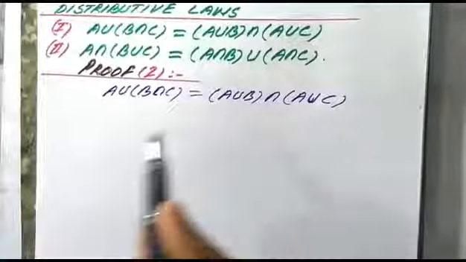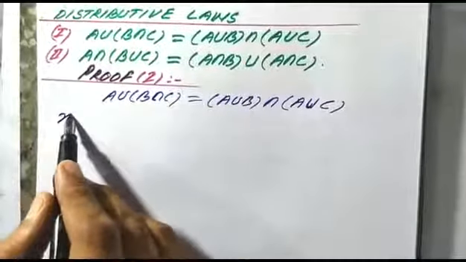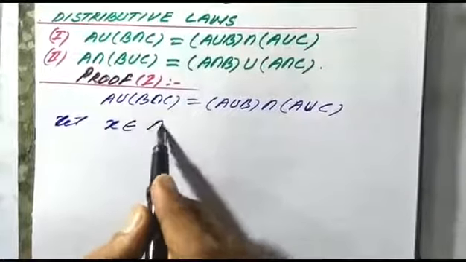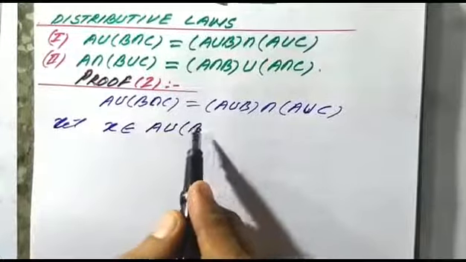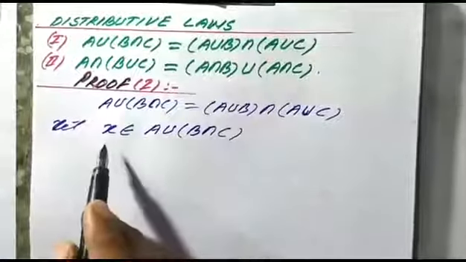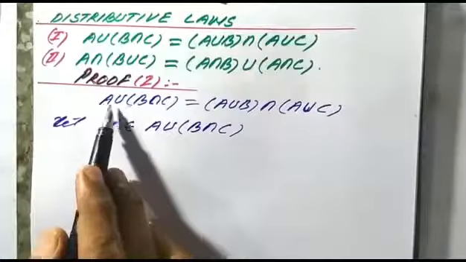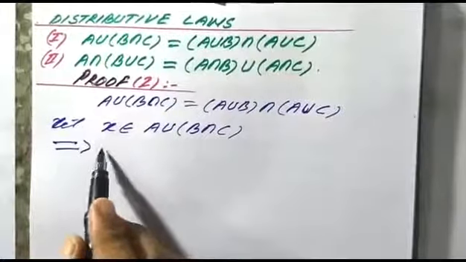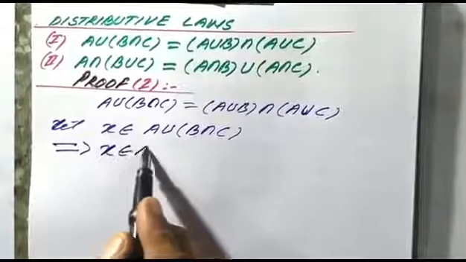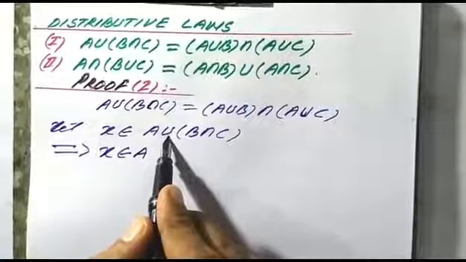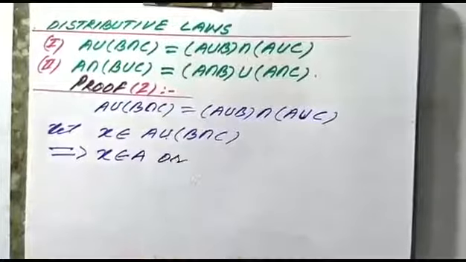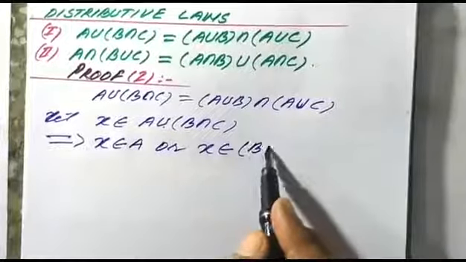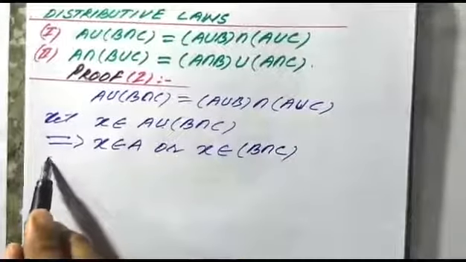So let X belong to A union (B intersection C). We have taken an arbitrary element X from A union (B intersection C). It implies that X belongs to A, and for this union we may take the word OR, X belongs to (B intersection C).